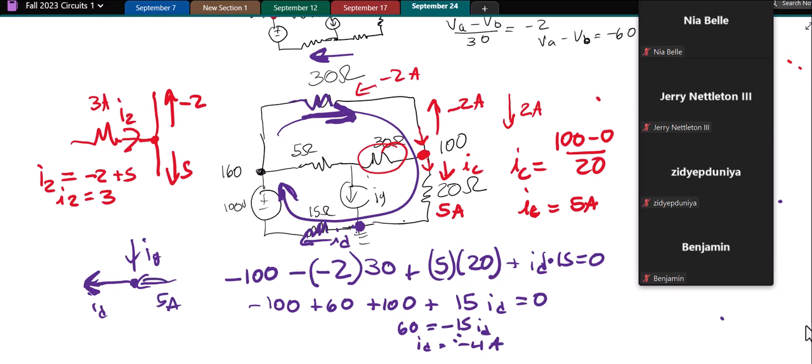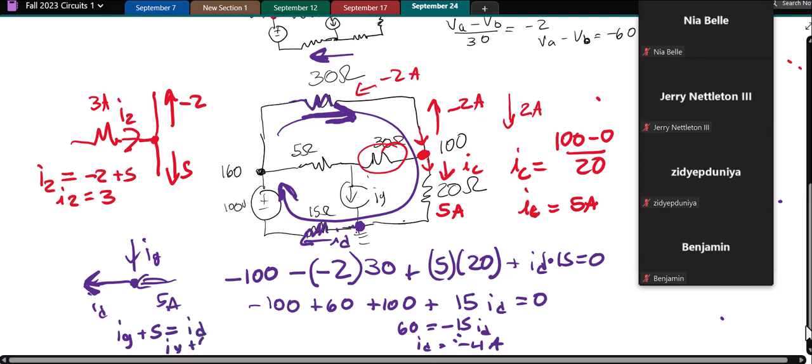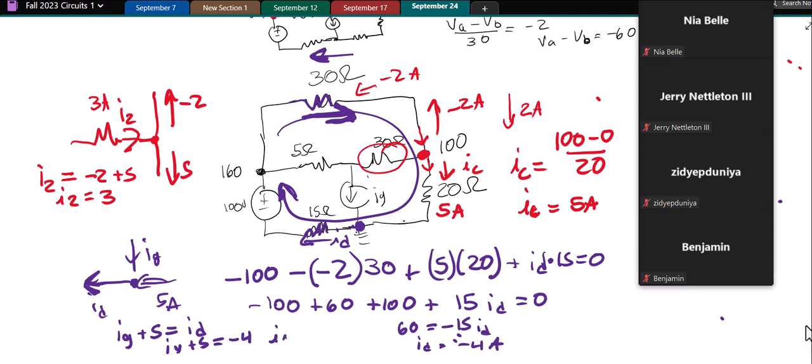So current coming in is IG plus 5, has to equal current going out, which is ID. IG plus 5, and ID was negative 4. So IG has to equal 1 amp. So IG equals 1 amp.